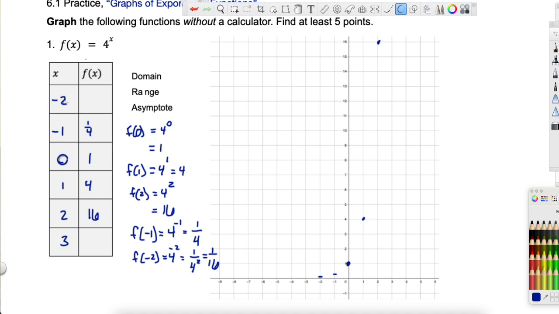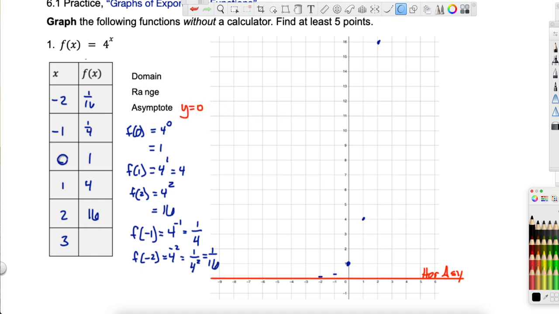And as we see, as we get more negative, it's just going to get closer and closer to 0. So that means that our asymptote here is going to be the x-axis. This is our horizontal asymptote, and it is y equals 0.